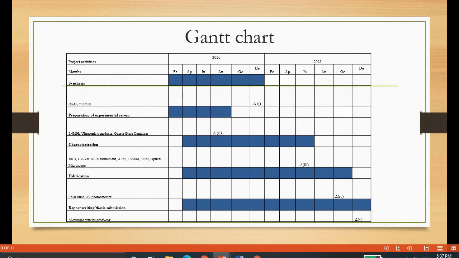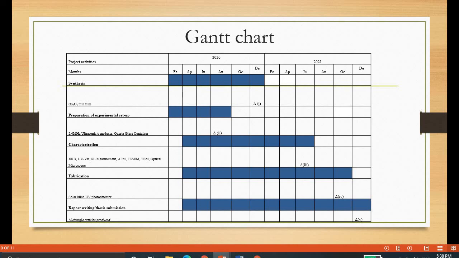This could be extended until June of next year, 2021, because it might take quite a long time to synthesize a perfect gallium oxide thin film. So I'm allowing one year for me to complete all my characterization stages.